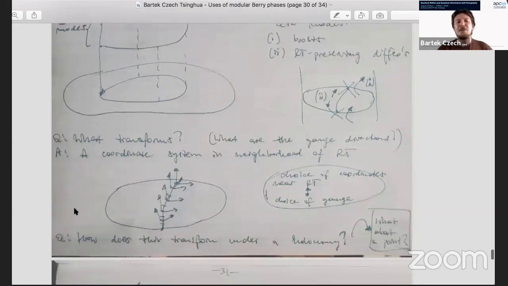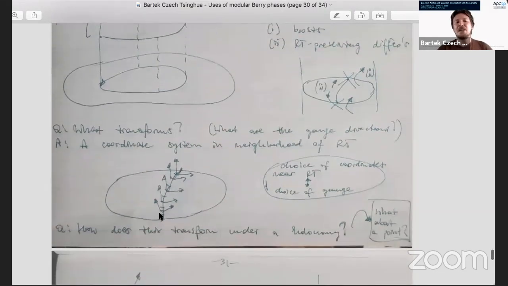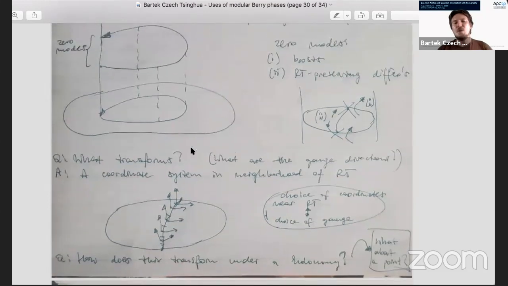And so the statement I want to make is that this object is a coordinate system in the neighborhood of the RT surface. And specifying a coordinate system takes 2 things. I have to make a set of ticks on the RT surface, because the idea is I'm asking, what is it that changes when I change 0 modes, when I move from one point to another point on the fiber, when I change modular frames.